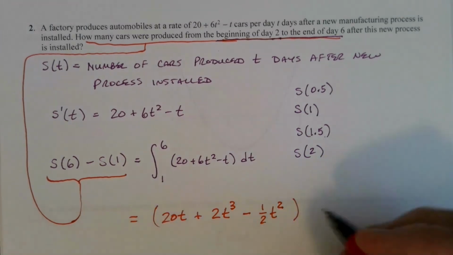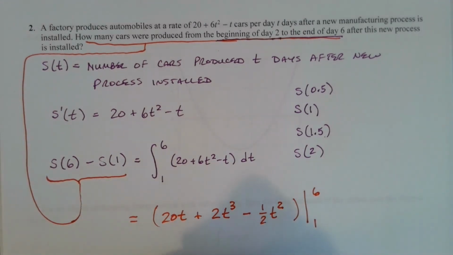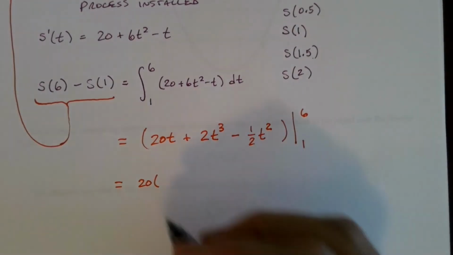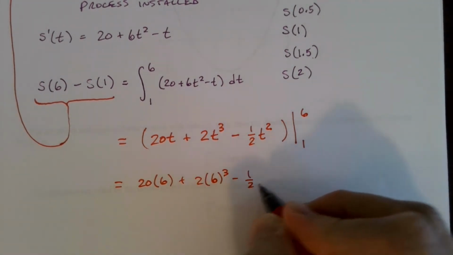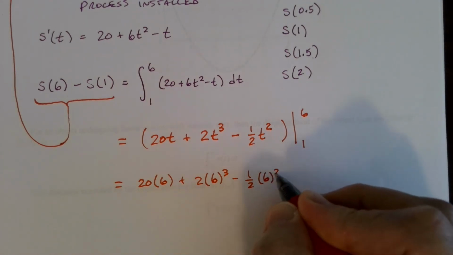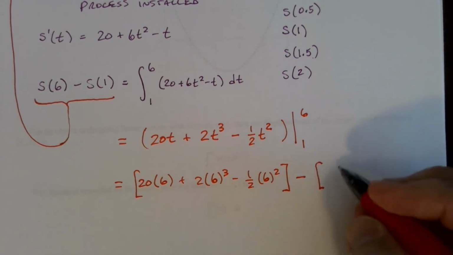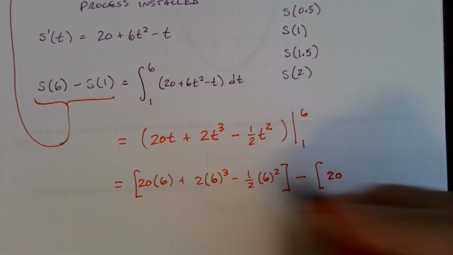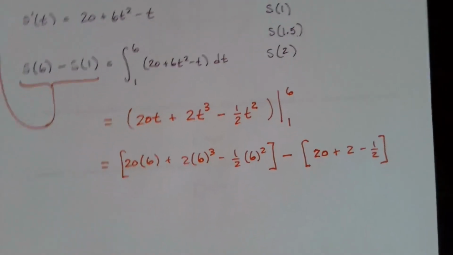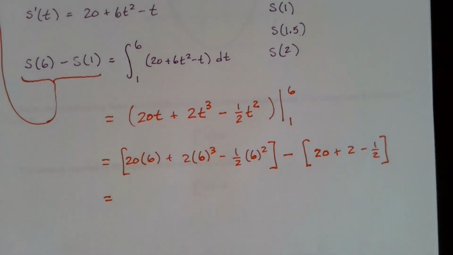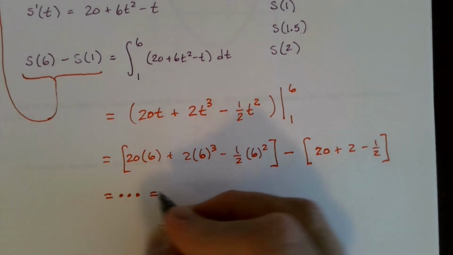So there's our antiderivative, evaluated at 6, minus evaluated at 1, where I just plug in 1 for t, which gives me 20 plus 2 minus 1/2. I'll let you go through the number crunching, dot, dot, dot, and you can fill that in.